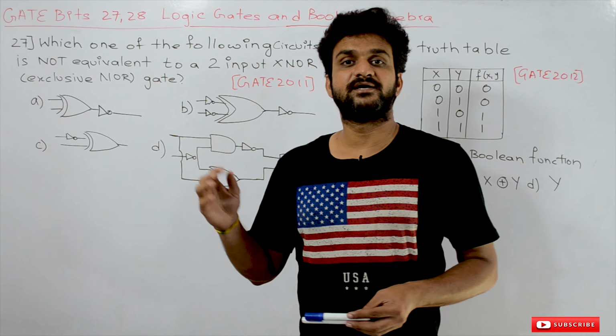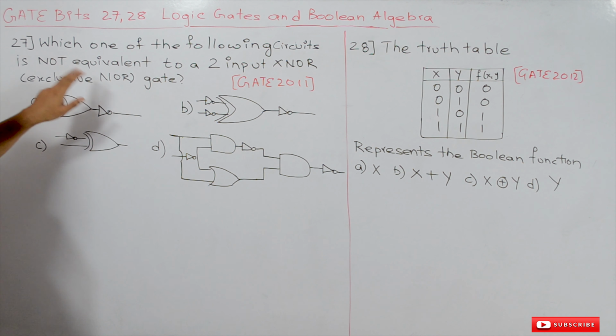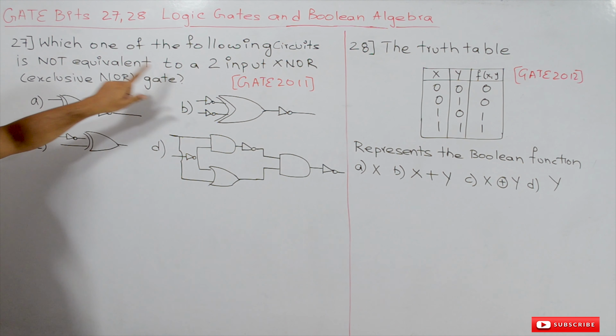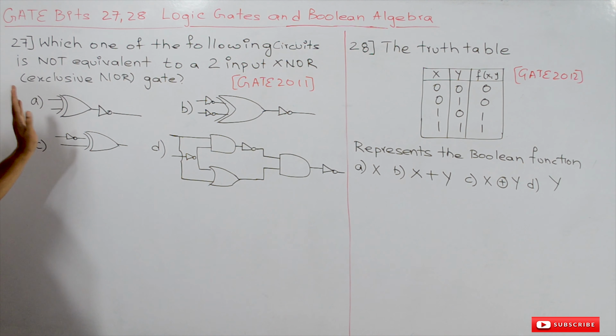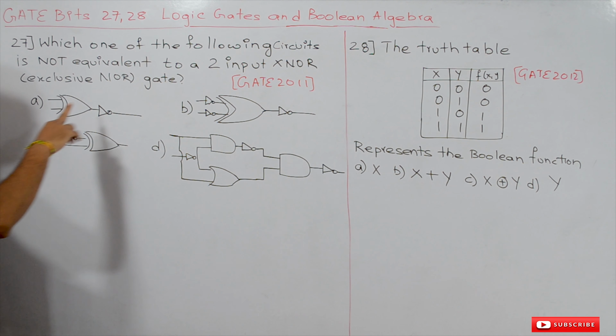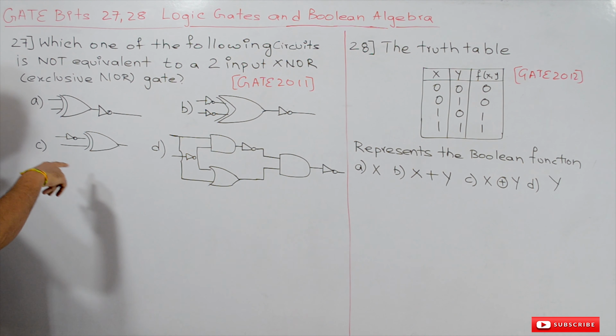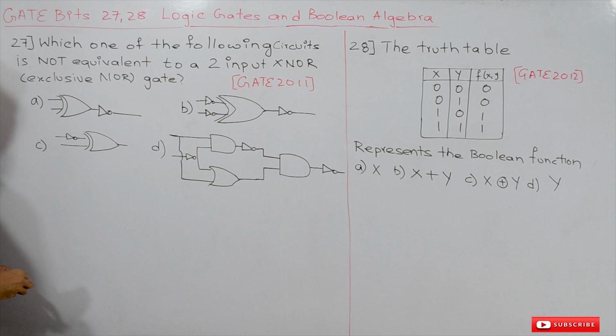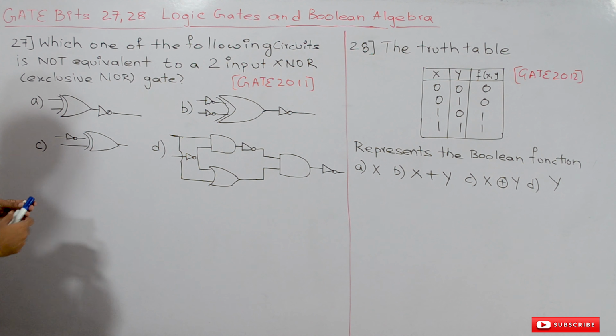Now coming to this bit, it was asked in GATE 2011. Which one of the following circuits is not equivalent to a 2 input XNOR gate, exclusive NOR gate? What is the outcome of an XNOR gate?